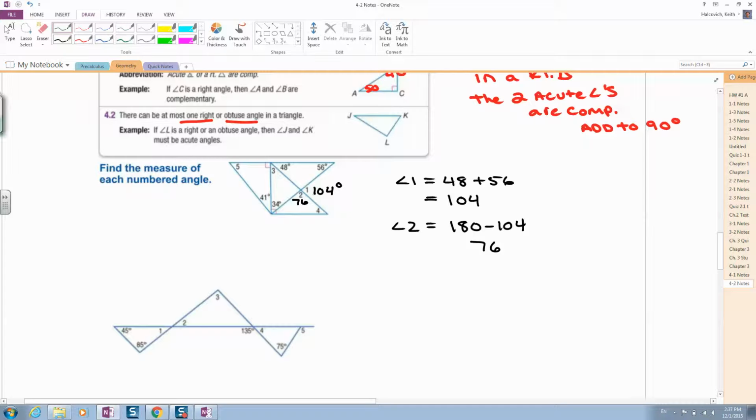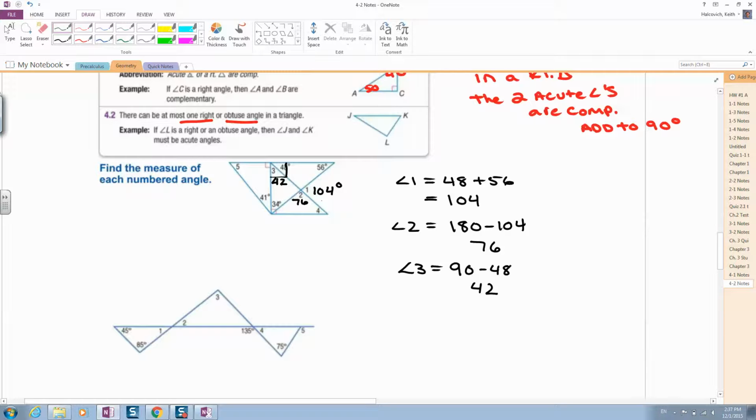Angle 3, there's two ways to do it. If this is a right angle, then this is also a right angle. So you could go 90 minus 48 and get 42, because you know that these two have to add up to 90.